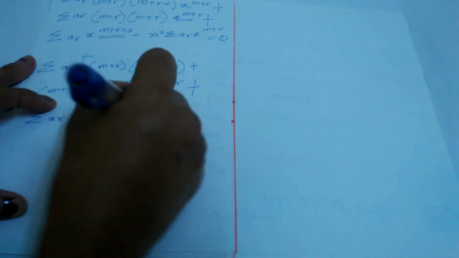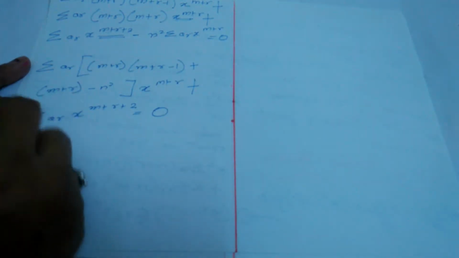Summation of a_r x raised to m plus r plus 2, the unique term here, is equal to 0.